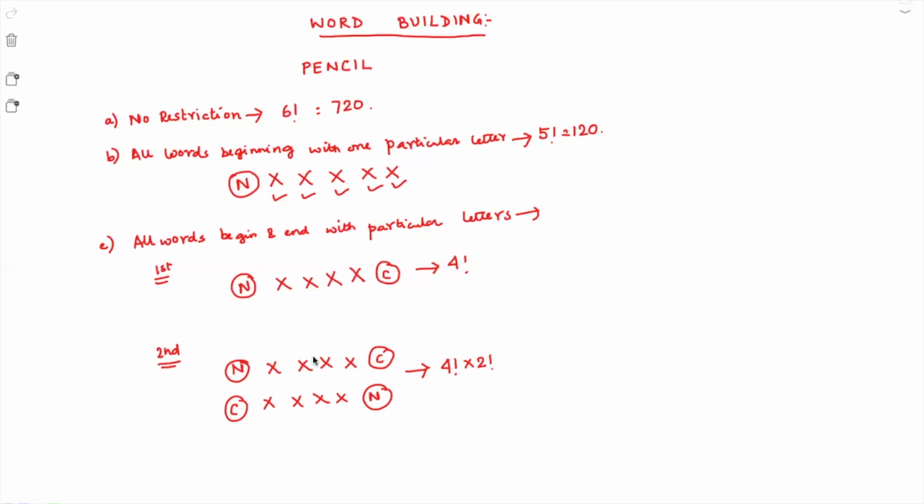In this case, because N and C are 2 letters, 2 factorial and 2 are the same thing. That is why there can be only 2 ways in this case. But if we are talking about 3 letters which can rearrange themselves, then it will become 3 factorial. So in this case, this would become 24 and this would become 48.